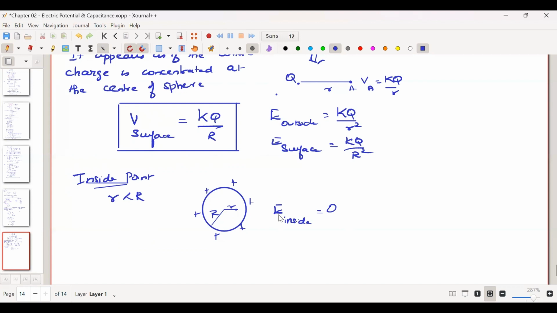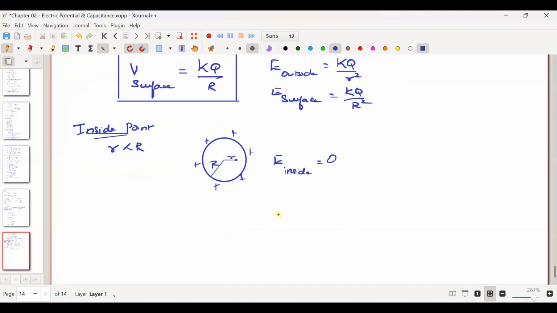So let's do the same exercise. Delta V is equal to minus integration of E dot dr. So I need to have 2 points.